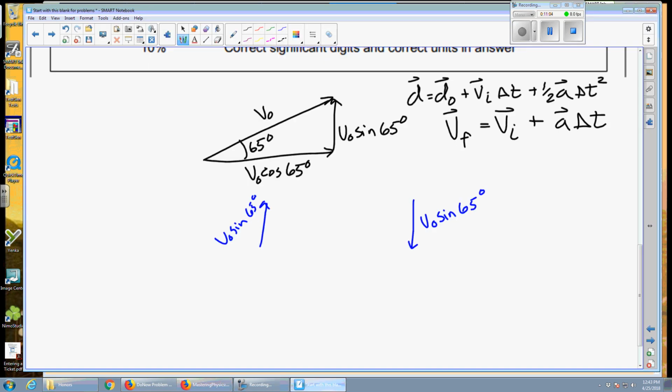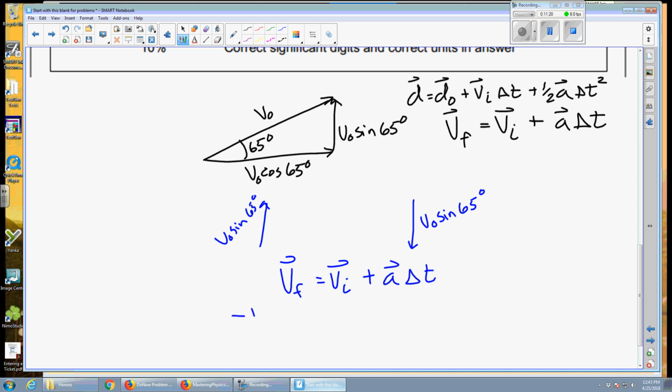So I'm just going to use v final equals v initial plus a delta t. I know it's only influenced by gravity, so I know its acceleration.